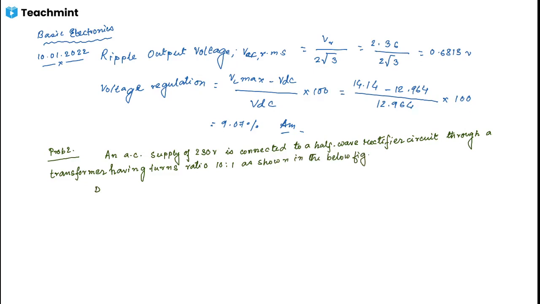Determine number 1, the DC output voltage, number 2, the peak inverse voltage, PIV, of the diode.